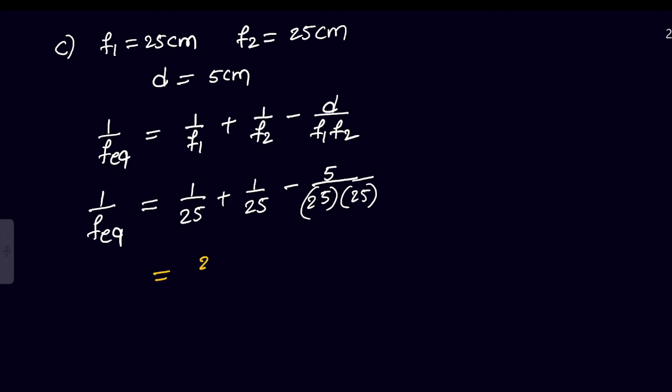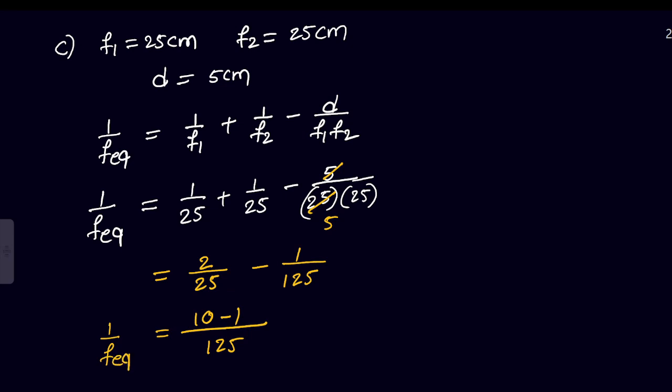So this value will come as 2 by 25 minus how much now? 5 5s, that is 1 by 125. Yes, sir. So we'll come it as 125 is LCM. Now it will come to be 5 into 2, 10, 10 minus 1. This is 1 by F equivalent. So from this F equivalent is how much you tell me now? 125 by 9. Isn't it?